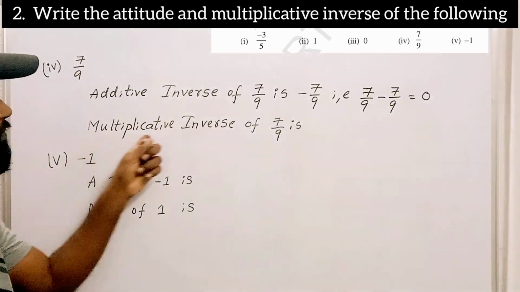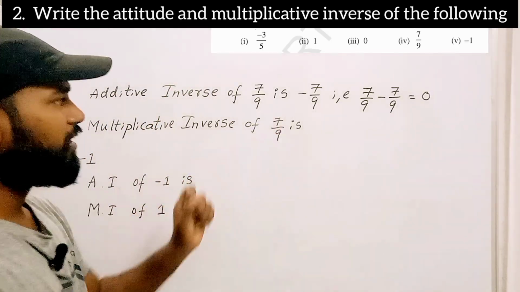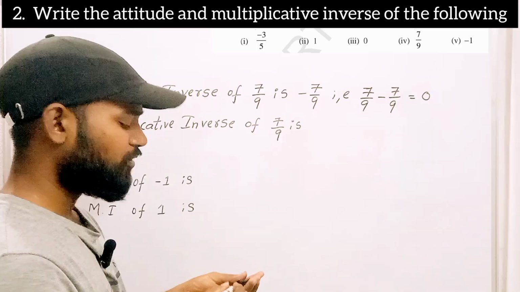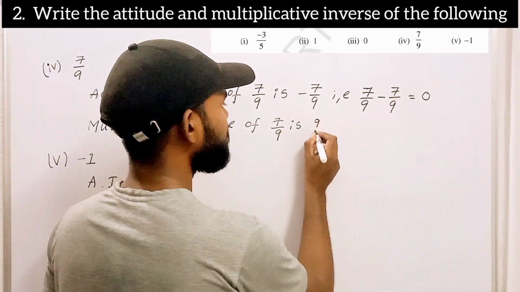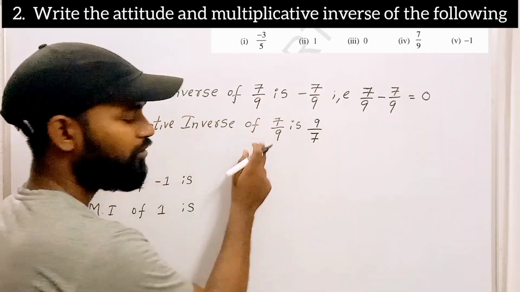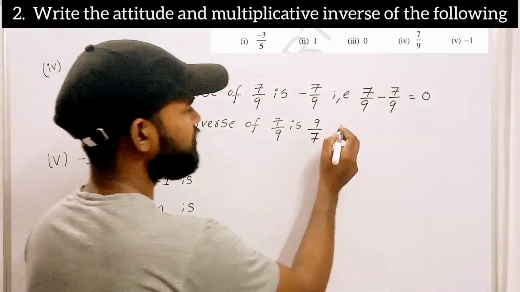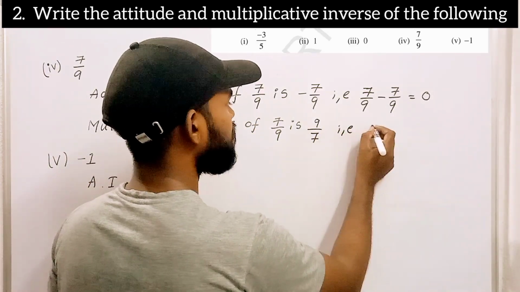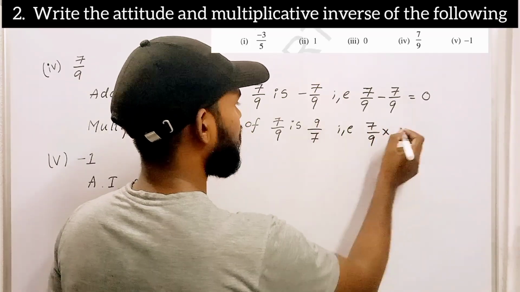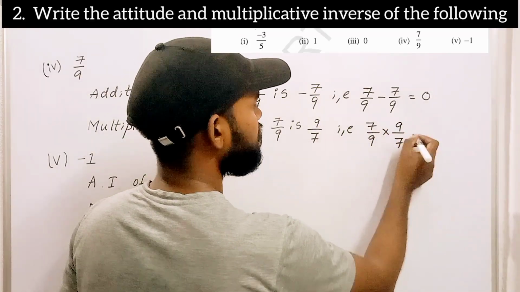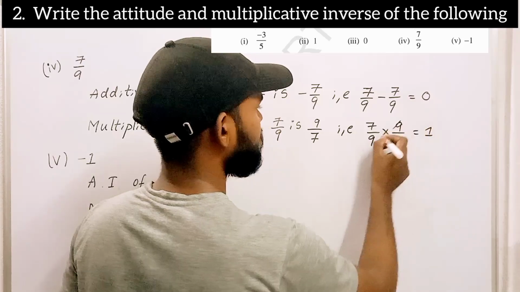So next one, the multiplicative inverse of 7 by 9. What should I multiply to the 7 by 9 to get 1? It is 9 by 7. So 7 by 9 into 9 by 7 equals 1. Yes or no?